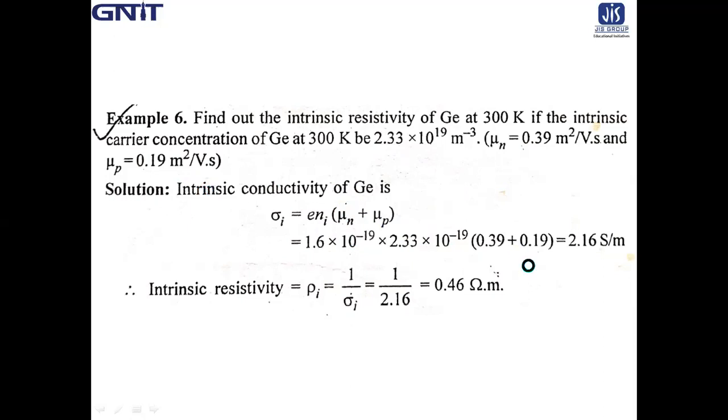So it is 2.16 Siemens per meter. Therefore, what is intrinsic resistivity? Just the inverse of intrinsic conductivity. So it is 1 by 2.16, which is 0.46. So this type of problem normally comes in the examinations.